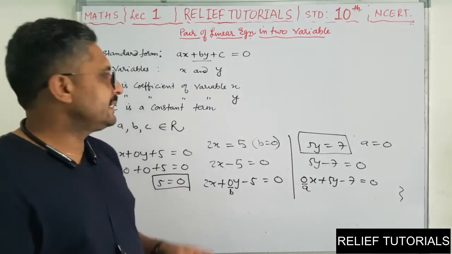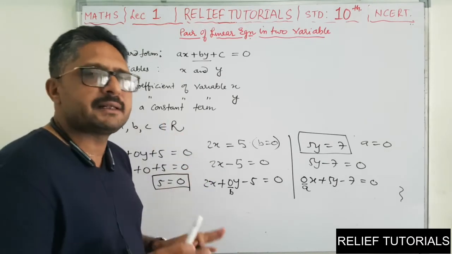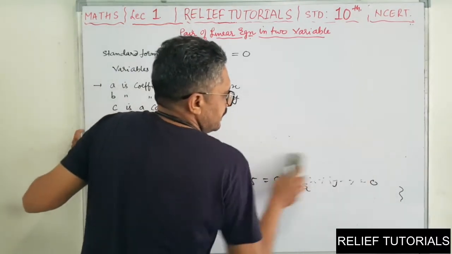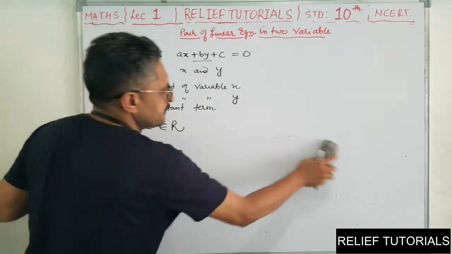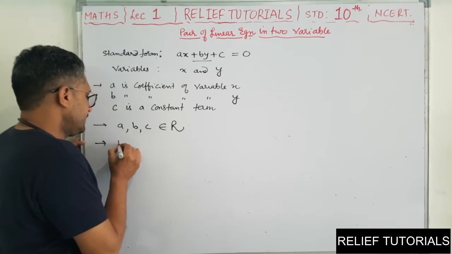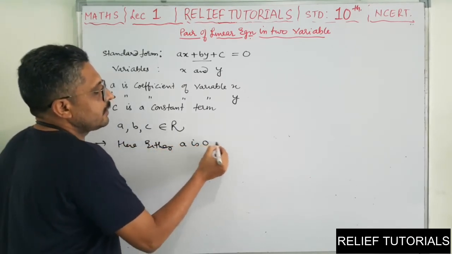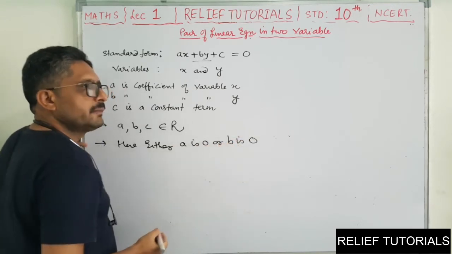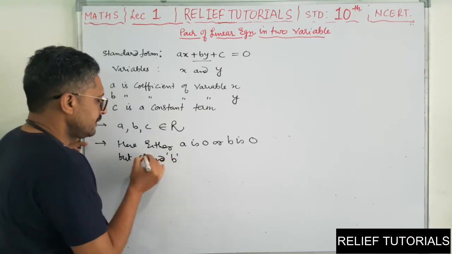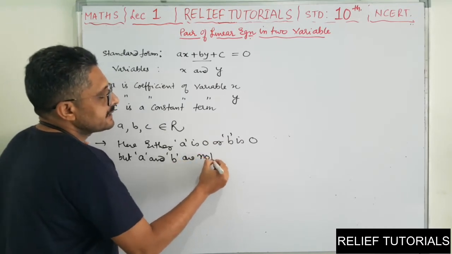So we can say that in a linear equation in two variables, either a is 0 or b is 0, but a and b are not simultaneously equal to 0. Clear? So we can say here either a is 0 or b is 0, but a and b are not simultaneously equal to 0.